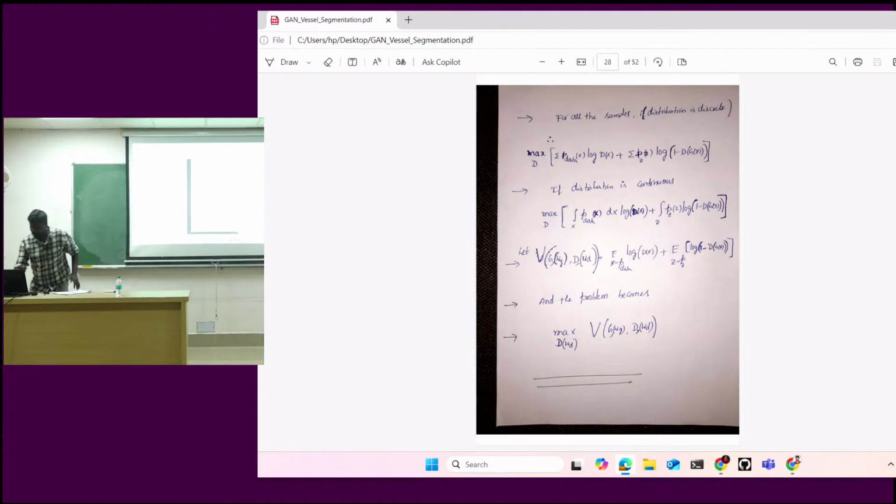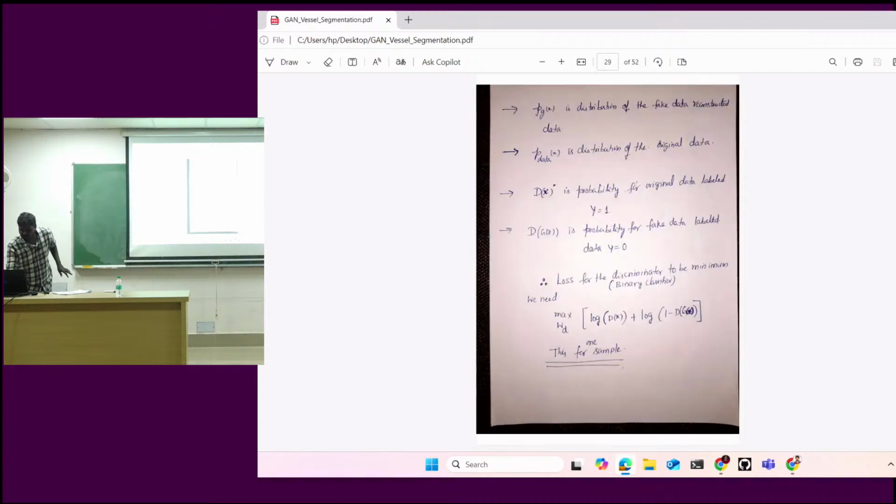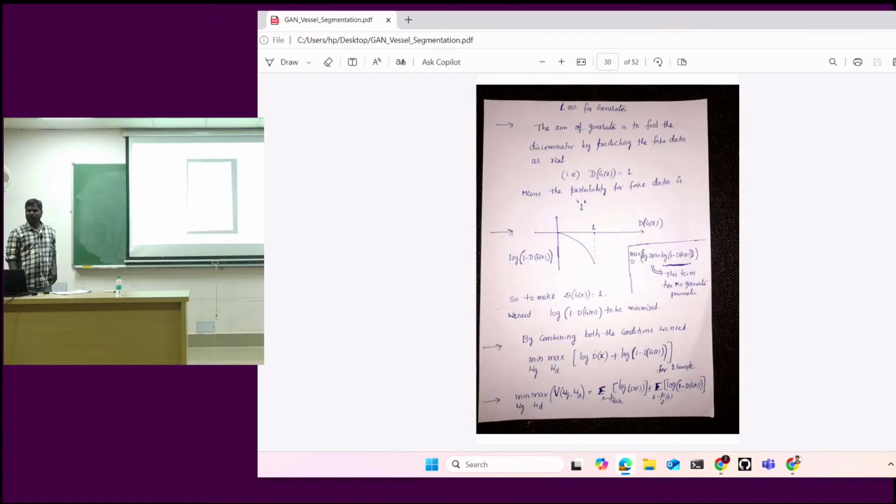So this is about the loss function for the discriminator. Now the loss function for the generator. The generator gets a loss if the discriminator says that the sample coming from it is fake.